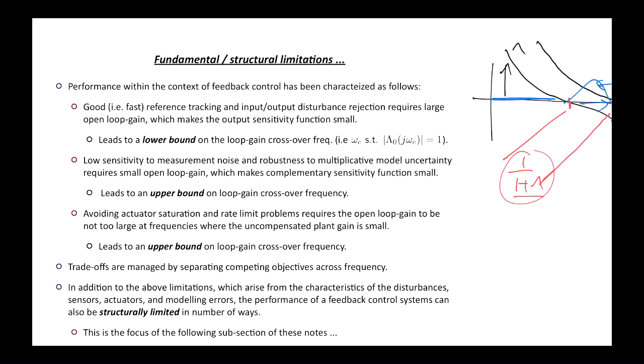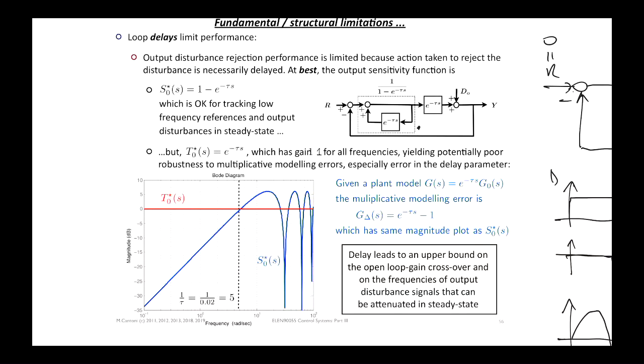Last time we looked at some limitations associated with the feedback interconnection structure. Okay, they started off with looking at delay, and we saw that delay puts a limit on how high the crossover frequency can be. All right.